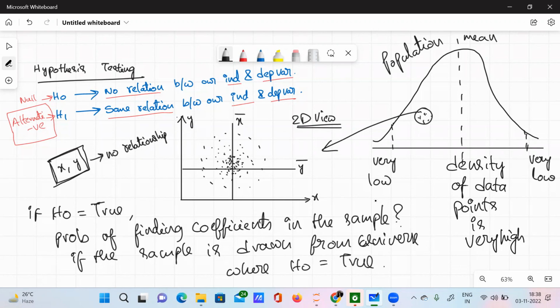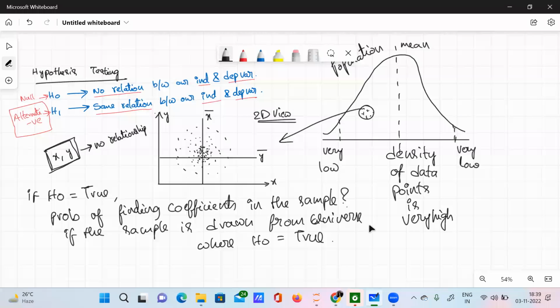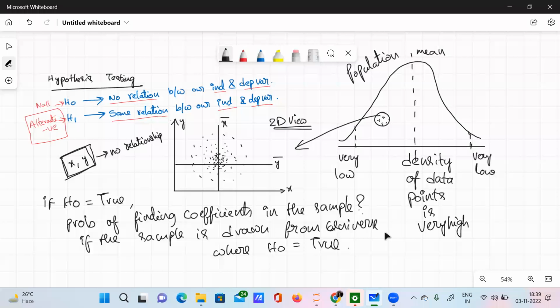Okay, so what is the probability here of the coefficients? I just want to find out this thing. So did you get the point here?